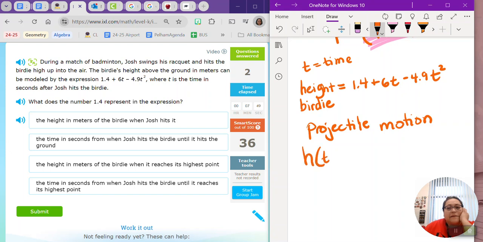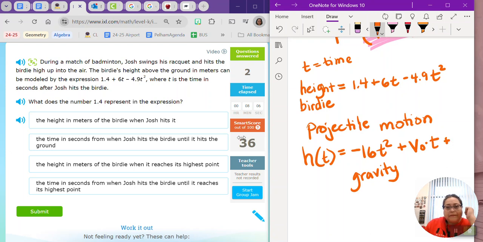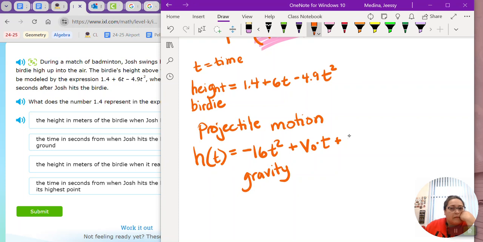The height is equal to negative 16t squared, which is the gravity coefficient, plus the initial velocity times time, plus the initial height. So this is the initial height. The constant is the initial height, and the coefficient in front of the linear term is the constant velocity that it's moving at.